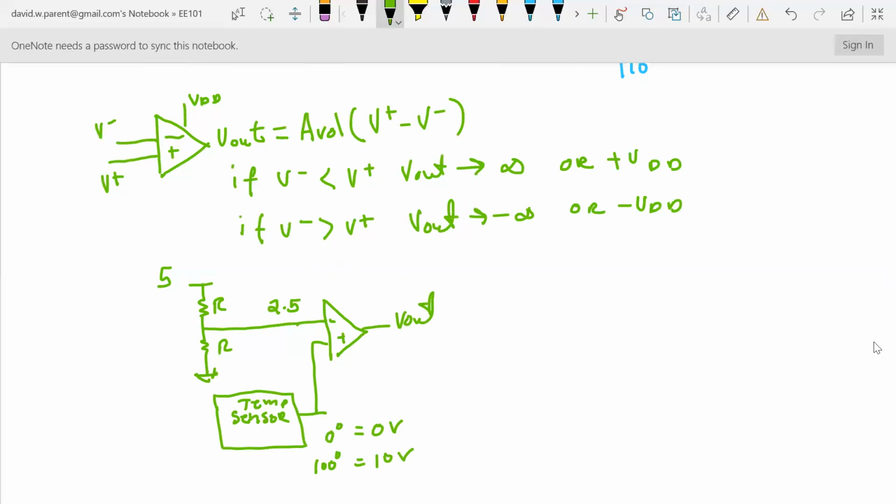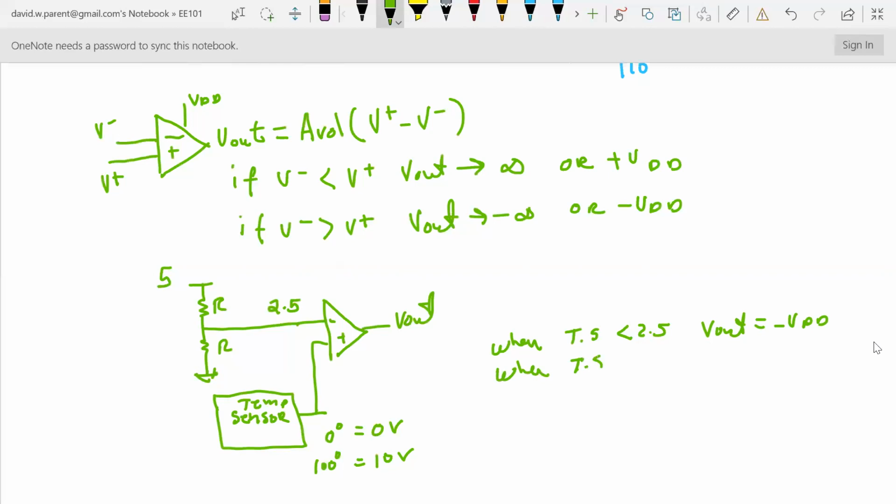So let's say we have a temperature sensor. 0 degrees equals 0 volts, and 100 degrees Celsius will equal 10 volts. Well, when the temp sensor is less than 2.5, V out equals minus VDD.